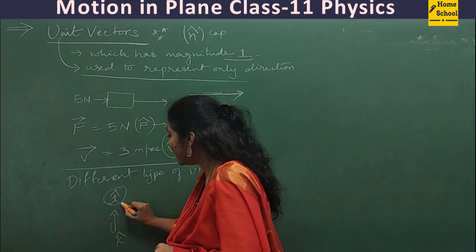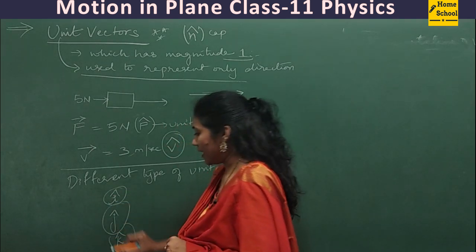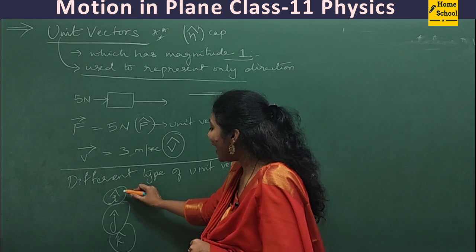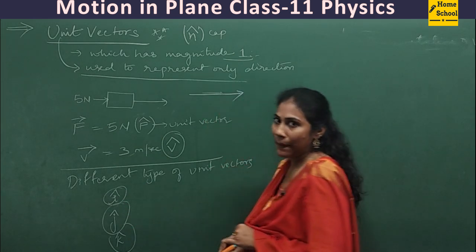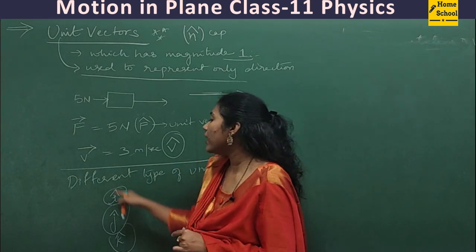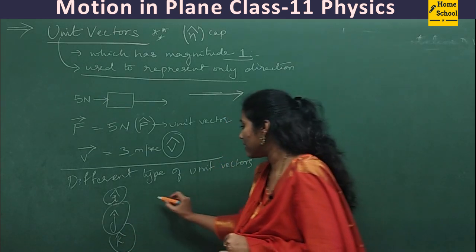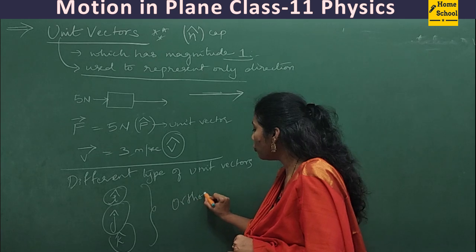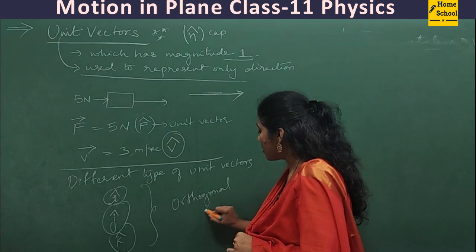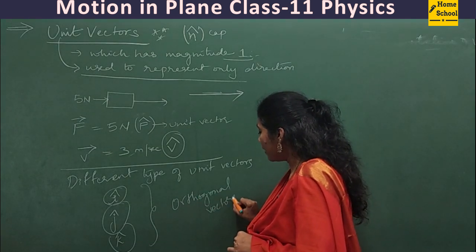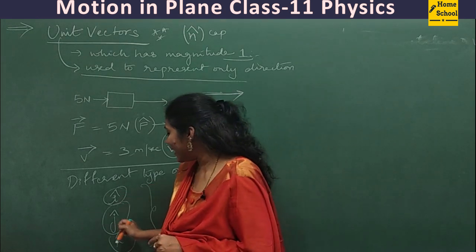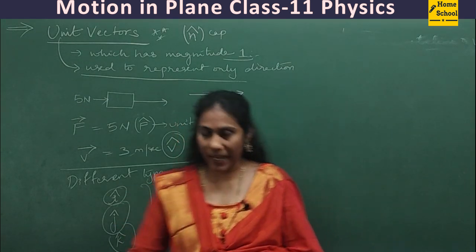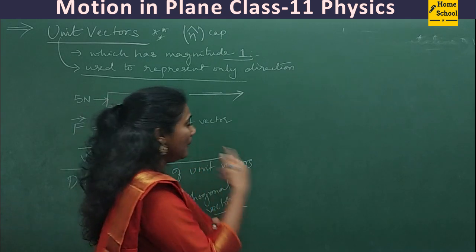These are the different types of unit vectors actually. What do we mean by I cap, J cap and K cap? They can also be called orthogonal vectors. Let me tell you what these I cap, J cap and K cap are. They are also unit vectors only.